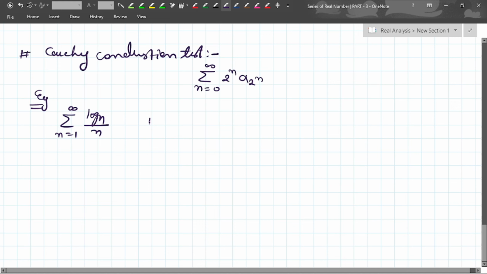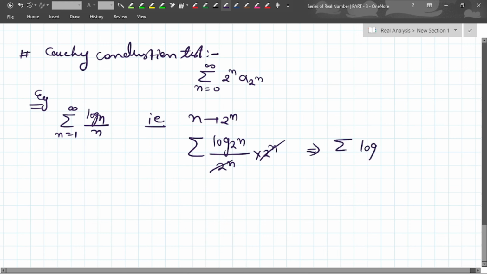It means replace n with 2 power n, or multiply with 2 power n. So your series will be log of 2 power n divided by 2 power n, into 2 power n. From here it gets cancelled, and this is nothing but summation log 2 power n. Now it is summation n times log of 2.